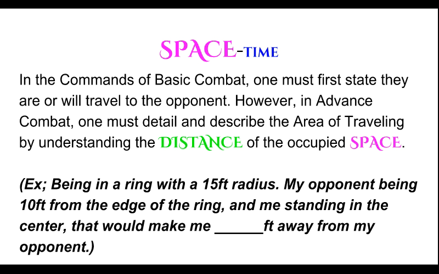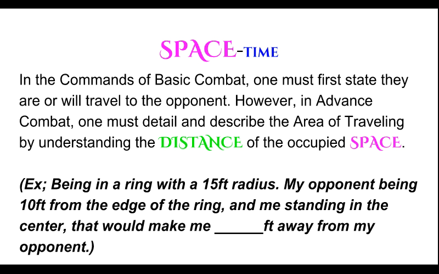So it's pretty much saying in this version, this level of virtual warfare, instead of just saying that you traveled to the opponent, now you would have to say how far you were when you traveled to the opponent, or how far you're going to be after you stop traveling to the opponent.